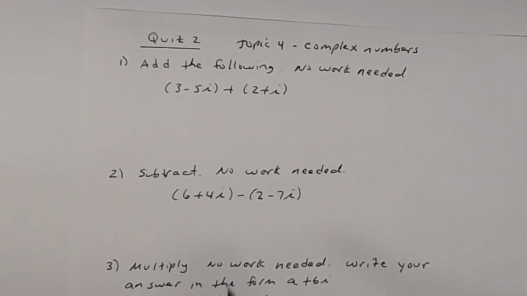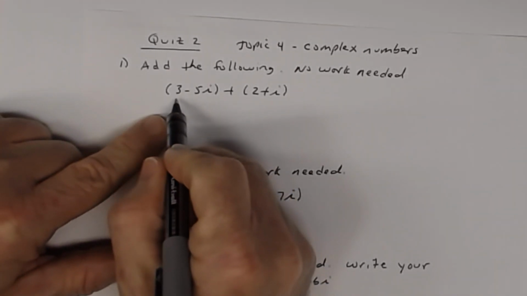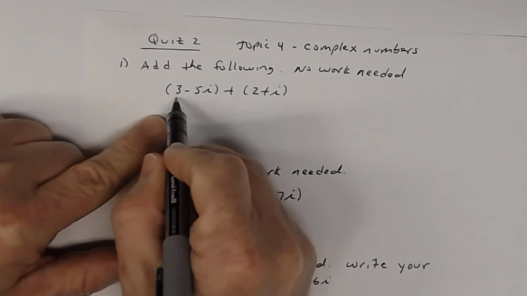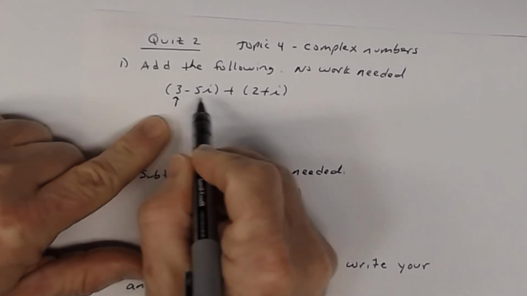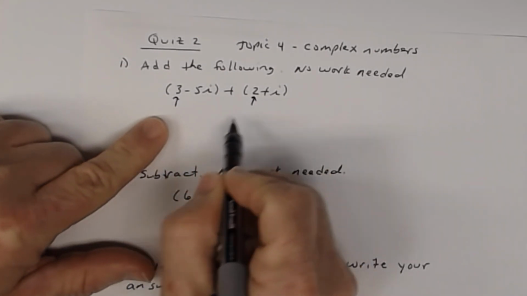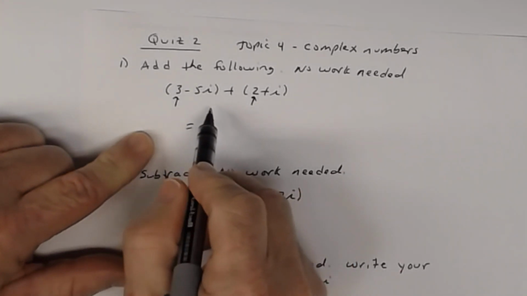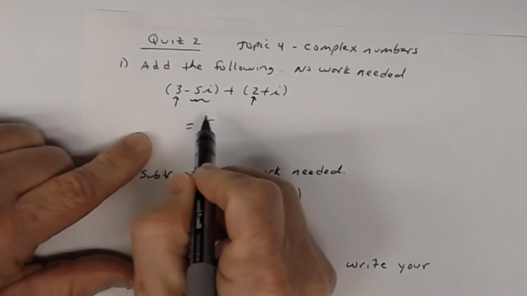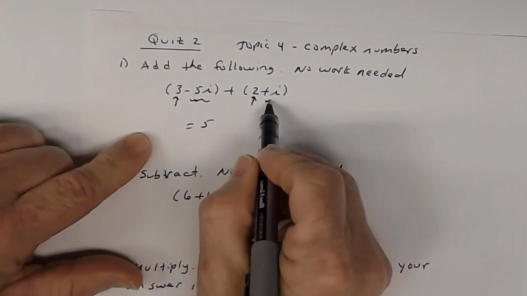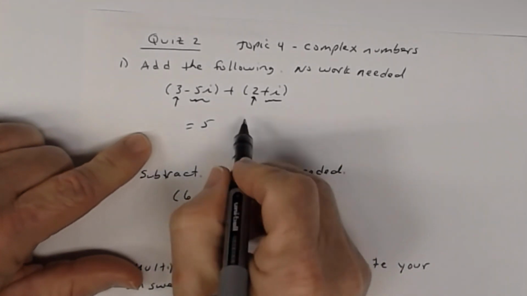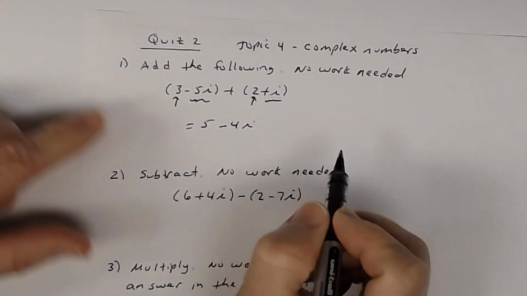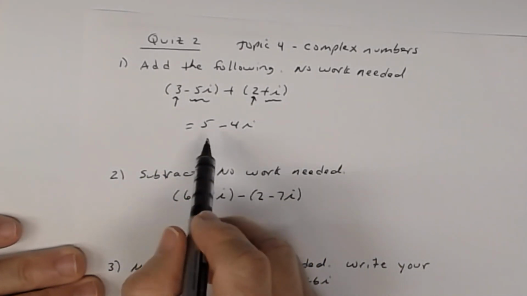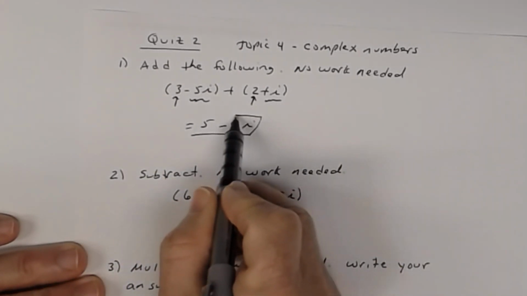So in that situation, all you do is just add the real number parts, which is 3 plus 2, which is 5. And then you're going to add the imaginary parts. So a negative 5i plus a positive i is a negative 4i. And so that is the answer for number one.